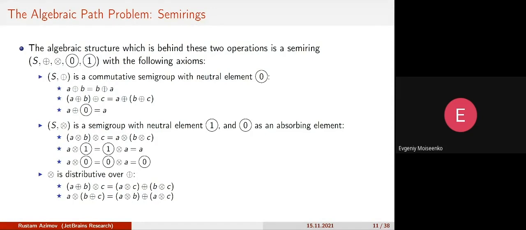Yeah, actually, a related question. I just wonder, given some semiring and some cost model, where we assign some cost to each operation, can we find an optimal expression? Can we make this?